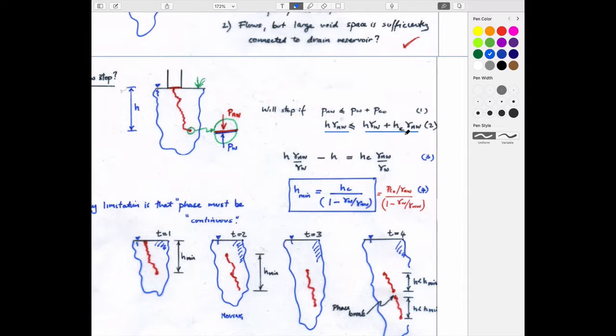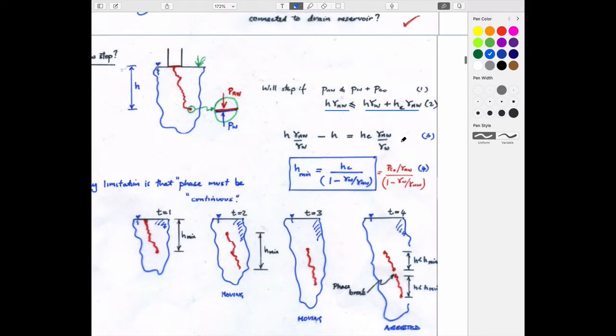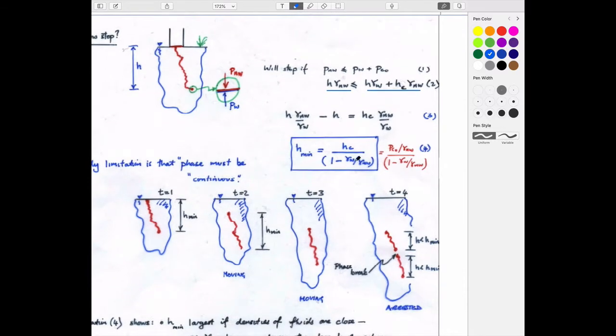This is P_C0. This probably should be H_C0 here. If you do the calculations, you end up with the minimum height you need to make this move downwards, which is equal to H_C0, divided by the ratio of the unit weights or the densities.